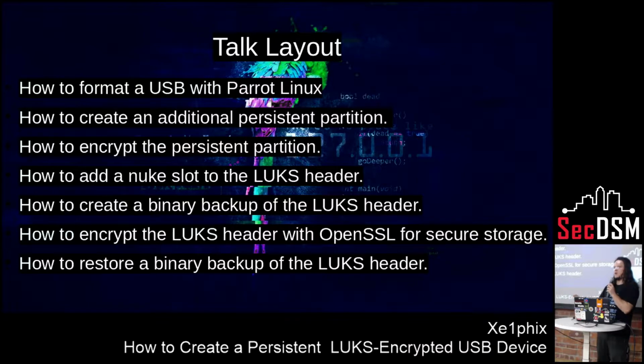It's better than wiping, because they still have not found a way to retrieve the data once you enable the kill slot. You create a password for the persistent partition, then a second password, and if anyone forces you to enter your password against your will, you execute the kill slot and the data is completely null and void.